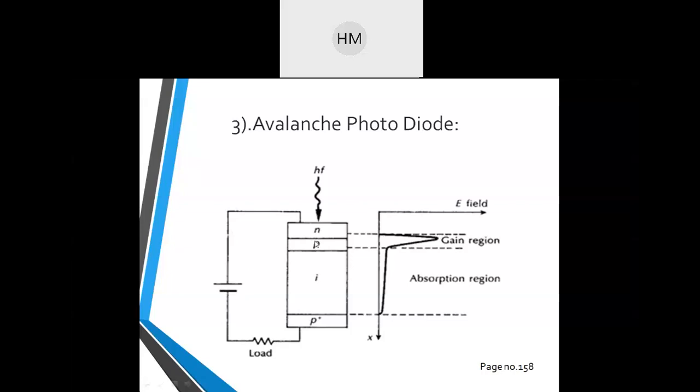Potential drop is across the PN plus junction. ठीक है? The depletion layer widens. The depletion layer widens with increasing bias. क्या होगा? This depletion region will continuously increase. ठीक है? Till what time will it increase? Till the breakdown occurs. ठीक है?